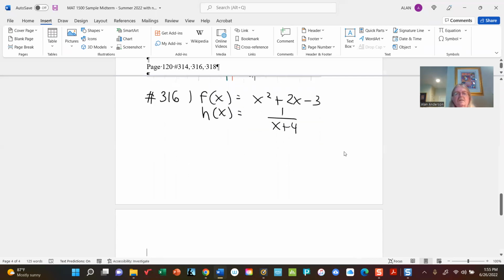So they want to know... Now they're writing it like this in the question, but keep in mind, this is the same thing as h of f of x, which means you're taking your h of x and replacing all the x's with f of x's.